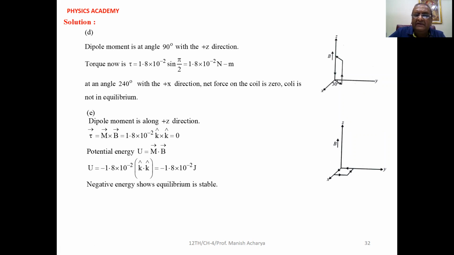Clear? And here, if we think about the net force, then net force will be 0, torque is not acting here. So your coil is steady, it implies that we can say it is in equilibrium state.